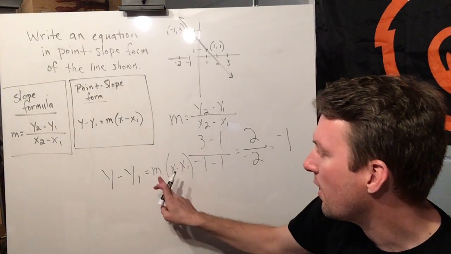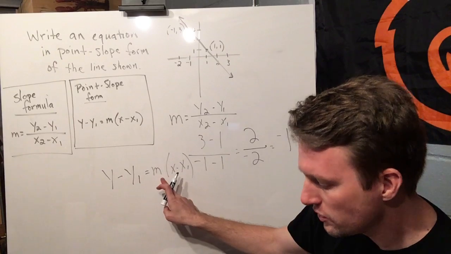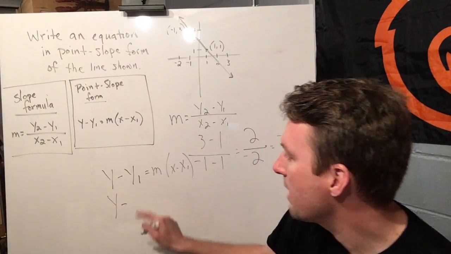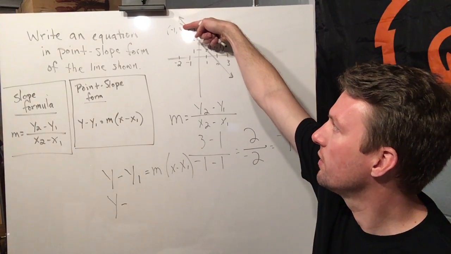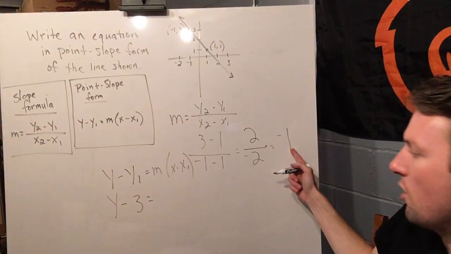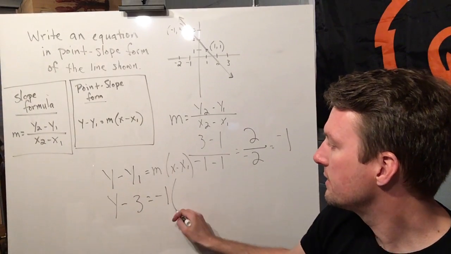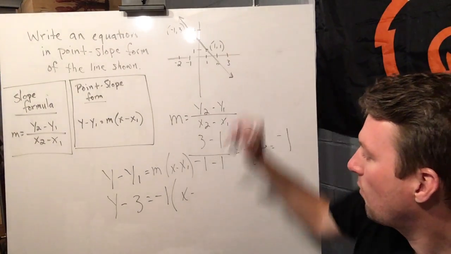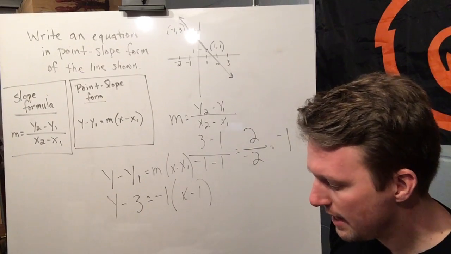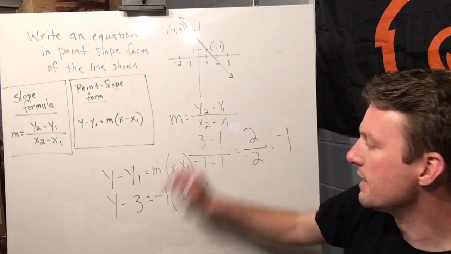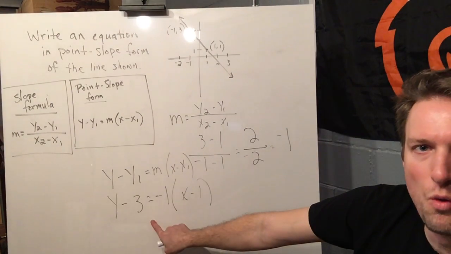We can plug in our -1 here. So what I have is, I have y minus y1, which is 3, equals m, the slope is -1, times x minus x1, which would be 1. Okay? And congratulations, you just wrote this line in point-slope form.